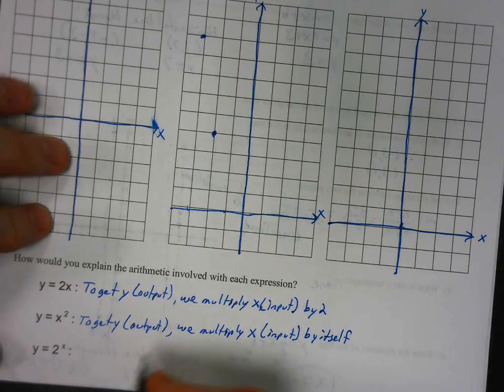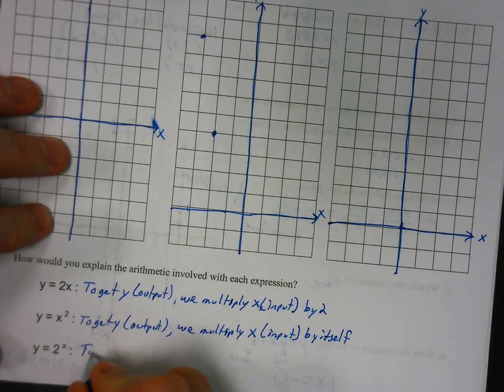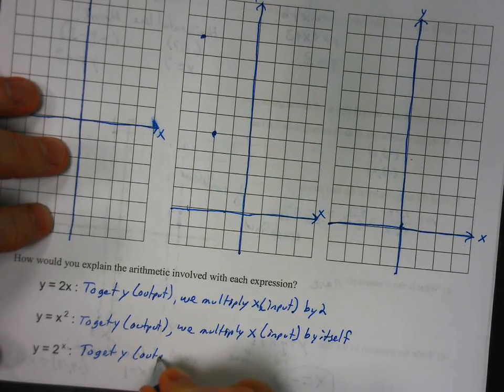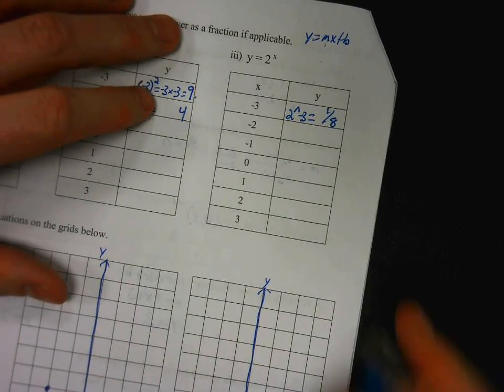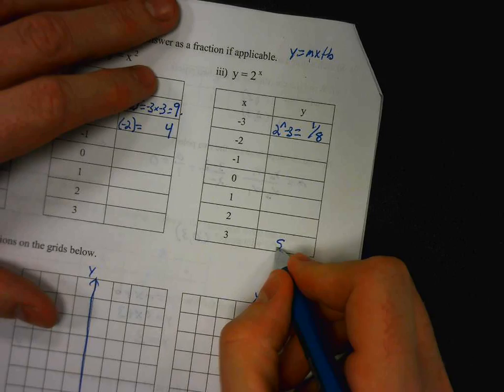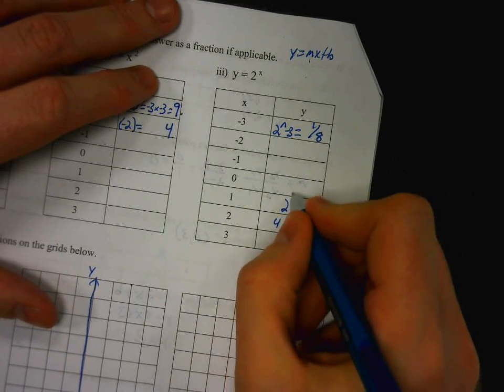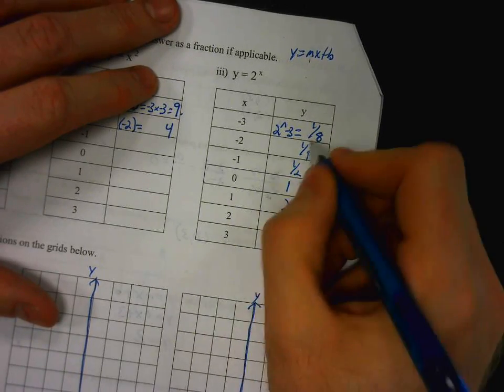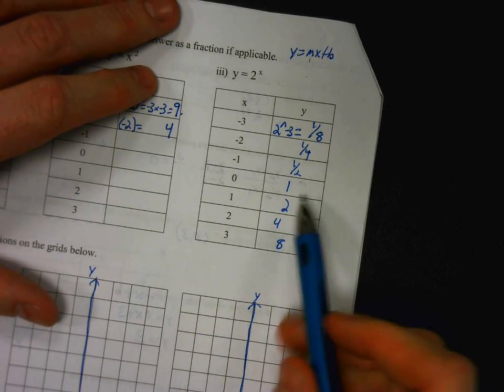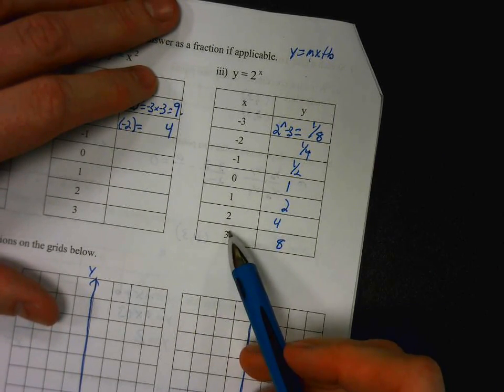Okay, for y equals 2 to the x, to get the output, or to get y, this is a little bit trickier. Well, think about your table of values. I'll fill them in here: 8, 4, 2, 1, 1/2, 1/4. It's easier if you look at the 0, 1, 2, 3 for x.